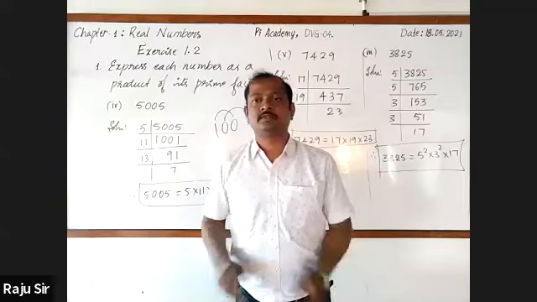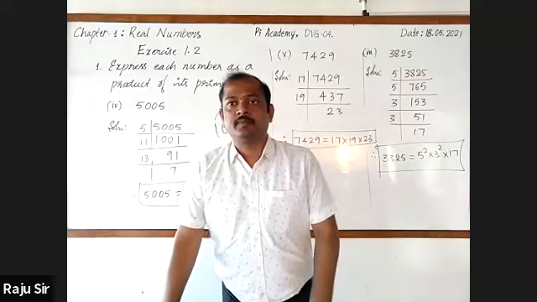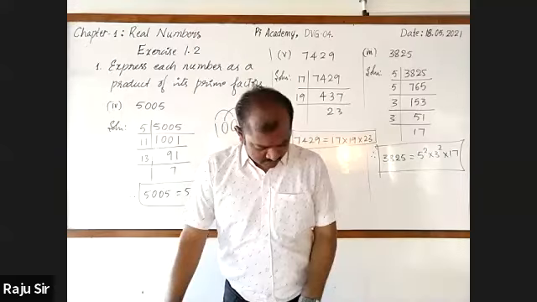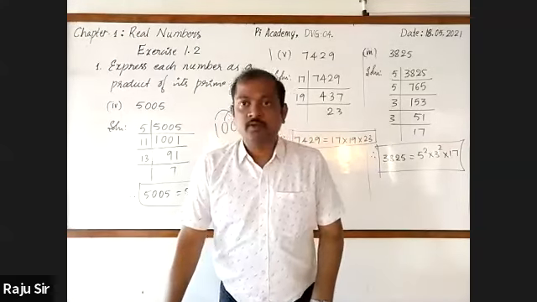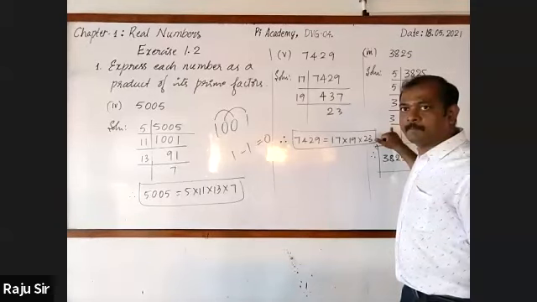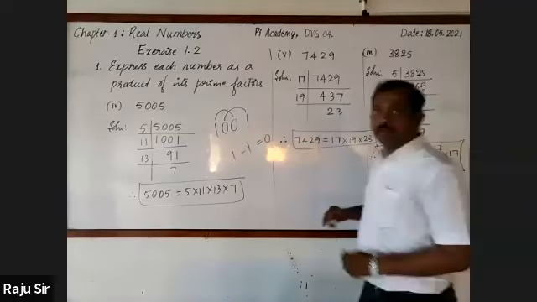I have a doubt, sir. Yes, ask. Sir, for the third problem, 3825, we can do 1 to 7, 5 into 3. This is 3825.